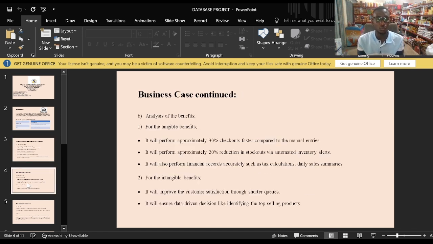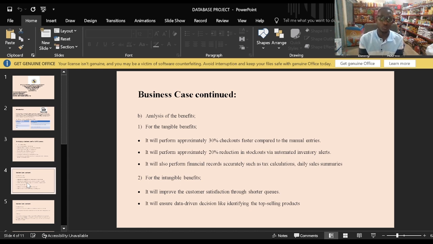So when we go to part B, which is the analysis of the benefits, we have tangible benefits, and here we see it performs approximately 30% faster checkouts than the manual entries.